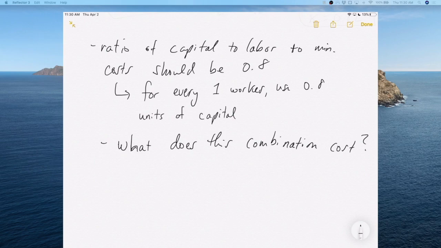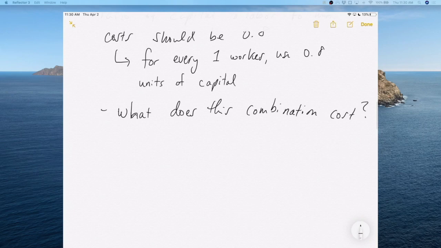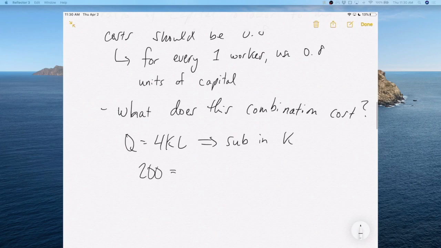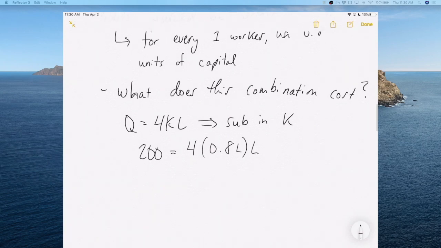We're going to go back to our original production function, our Q equals 4KL, and we're going to substitute in our K equation from above. Remember, we're still trying to produce 200 units, so Q equals 200, 4 times 0.8L times L. Do some algebra.